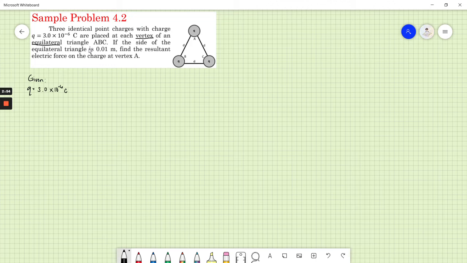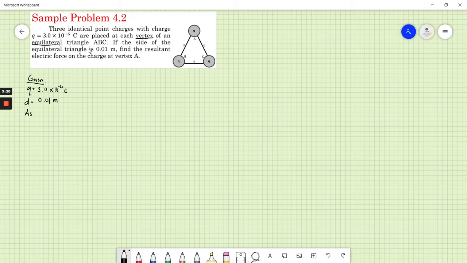And we know that the length of the side of the triangle is 0.01 meter. What that tells us is that these charges are separated by a distance of 0.01 meter. So our d is equal to 0.01 meter. So now we have our q and we have our d. That's all our given.